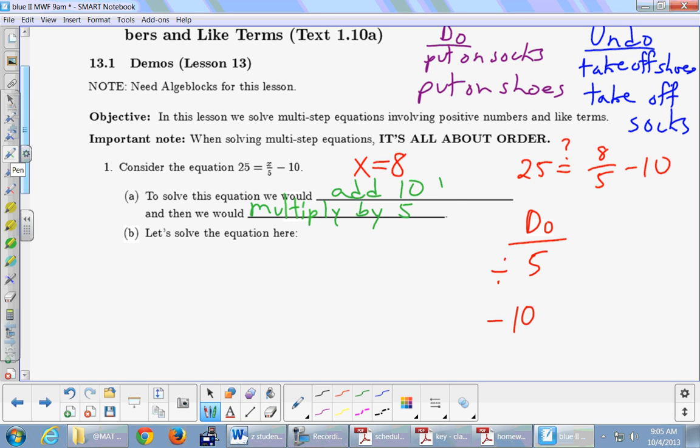And I'm going to put something here that I really want folks to continue to write, and that's this phrase, to both sides. Make sure we're doing it to both sides of the equation. So we add 10 to both sides, multiply by 5 on both sides.